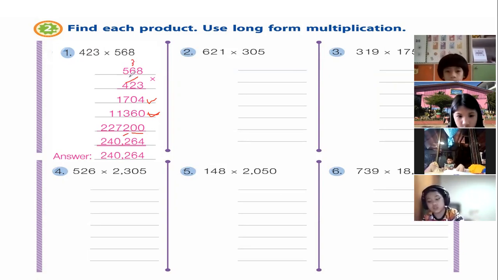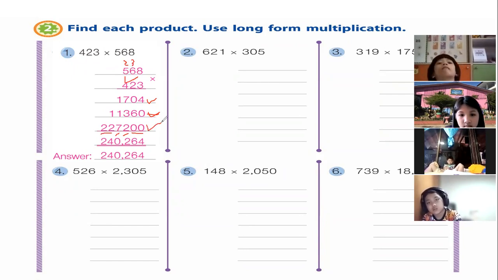Now again 4 multiplied by 6 become how much, students? 24, right? So 24 plus 3 is equal to 27. And now 4 multiplied by 5 is equal to 20. And we're having 2 carry over at the 100 place. So 20 plus 2 is equal to 22.